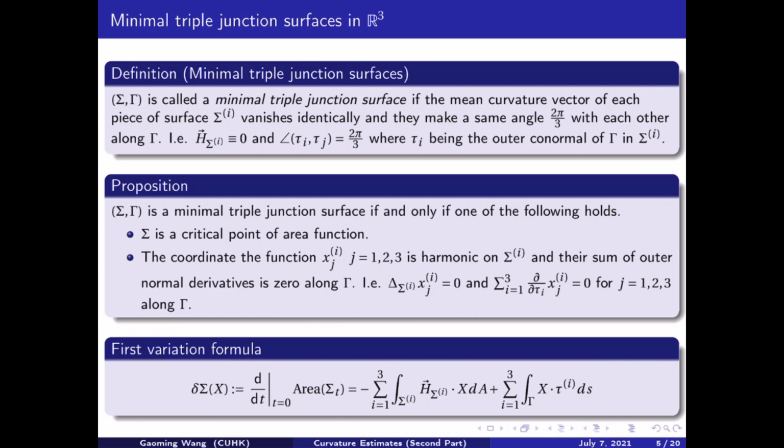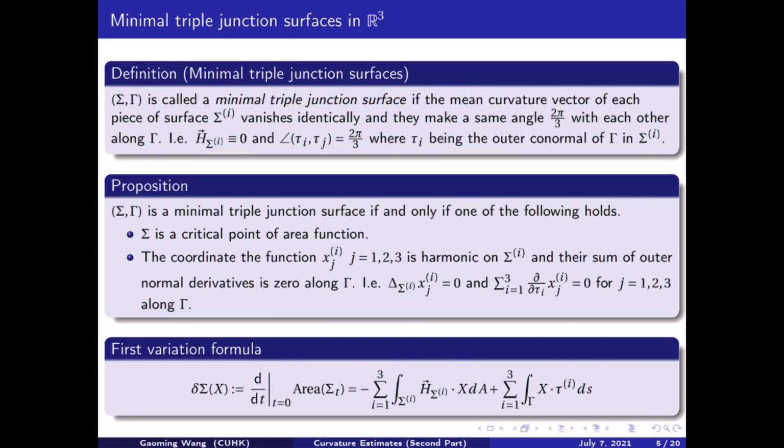If you calculate the first variation of area, besides the integration related to the mean curvature vector on the surface, you can also get an extra integration along γ related to the outer conormal τ_i. So this expression equals 0 for all X if and only if the mean curvature vector vanishes on each surface Σ_i and the sum of τ_i equals 0. This is exactly the statement of our definition of minimal triple junction surfaces.